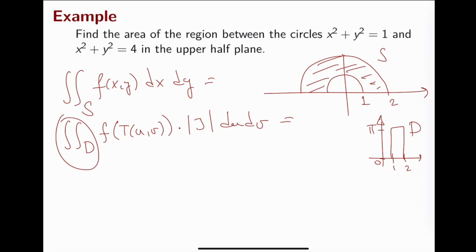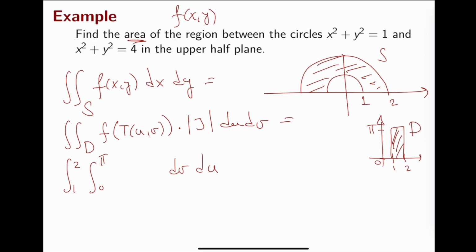And so this description in D, then it will be much easier than do the description in S. And so the description on D will be just the integral between 1 and 2 of the integral between 0 and pi dv du. And the function that we are going to put here, well, if we are trying to calculate just the area, the function that we are talking about is just the function equal 1, right? That's the definition of area.